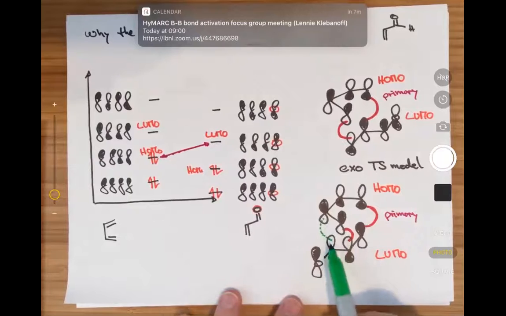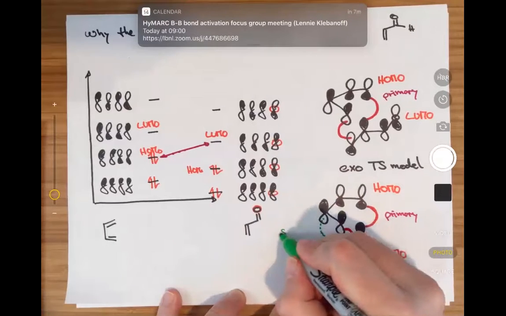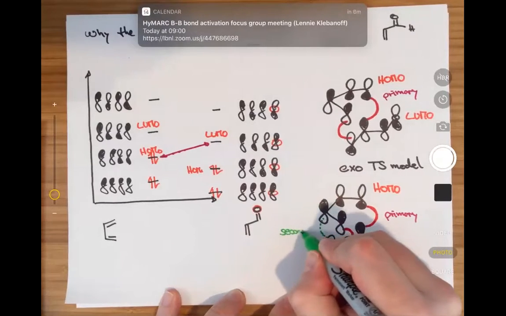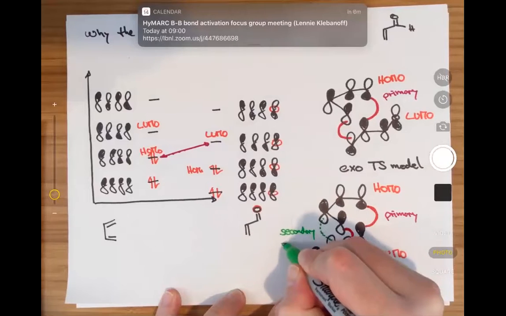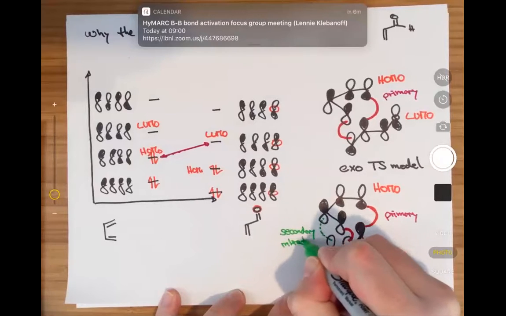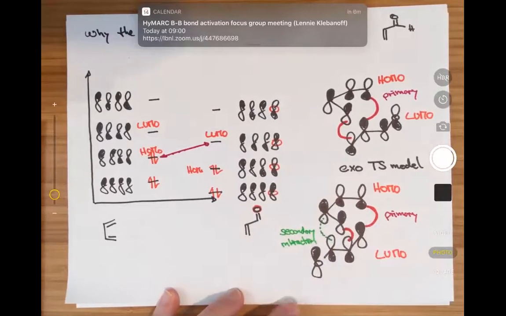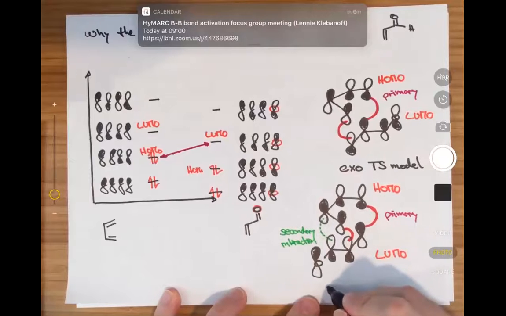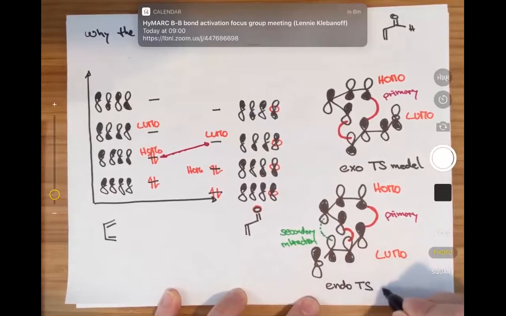This does not lead to a bond in the product, but it lowers the energy of the transition state and makes this the faster pathway towards the product. So this is the secondary interaction. And all of this is described in the endo transition state model.